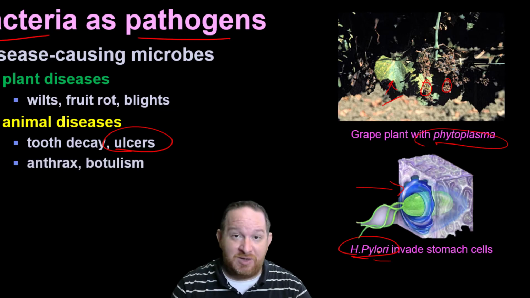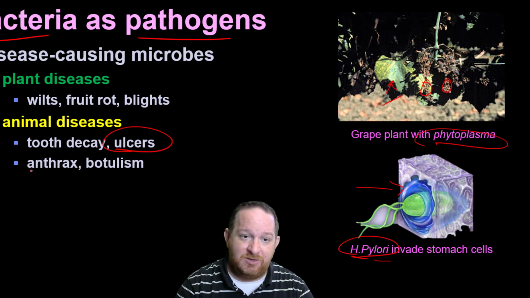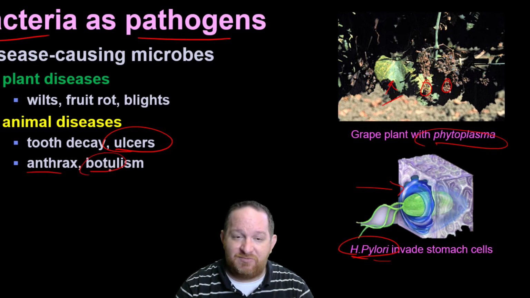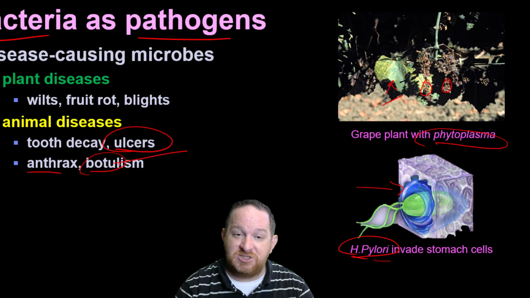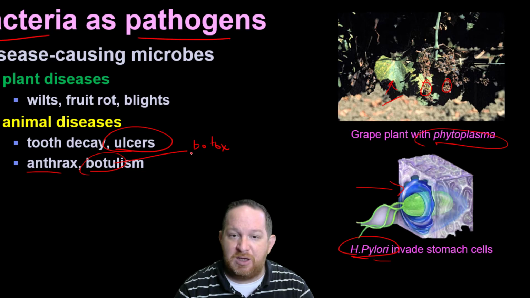Anthrax, botulism, right? These are bad words. You hear those and that's kind of scary, right? Botulism we can get from undercooked food. In fact, this is the reason we have to pressure can a lot of foods because we don't want botulism growing. And you've heard of botulism because that is used to make Botox.